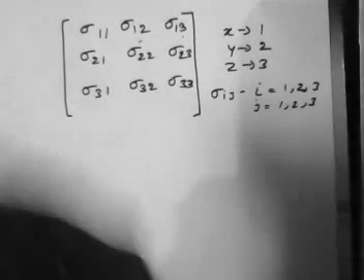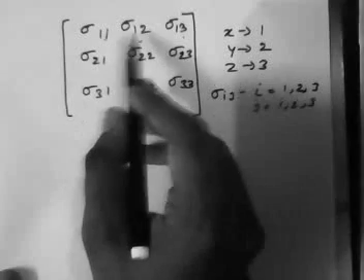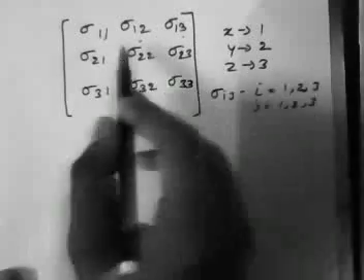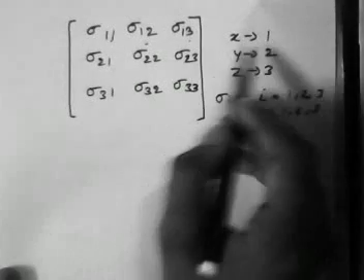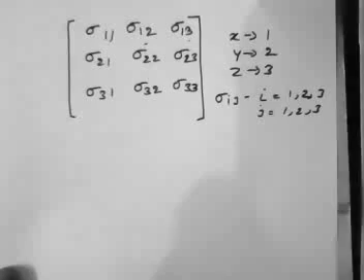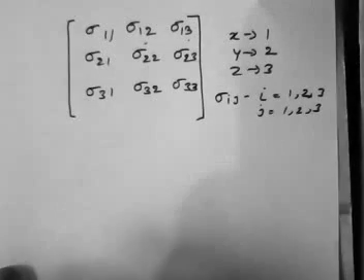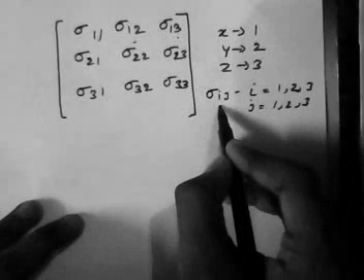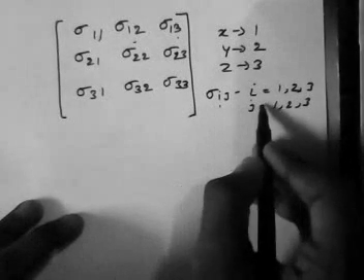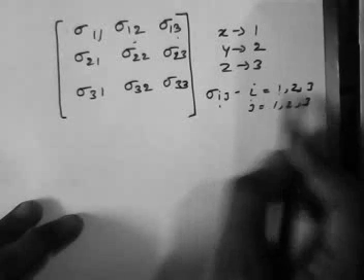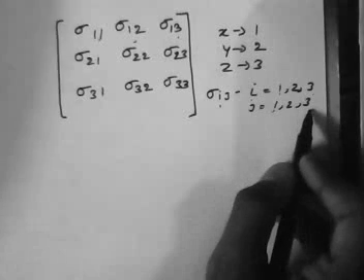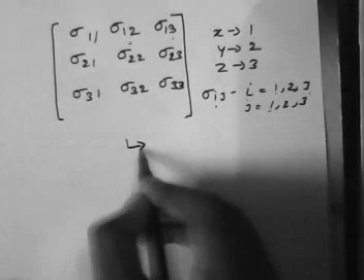This can also be written in a generalized form: sigma 11, sigma 12, and sigma 13. Initially it was sigma x, tau xy. So this can be written like this. Here the directions are 1, 2, and 3 instead of x, y, z.